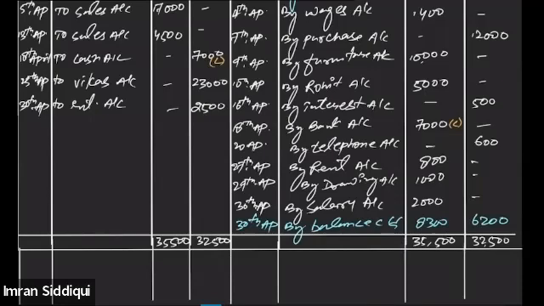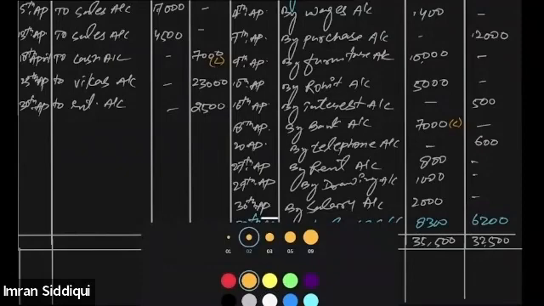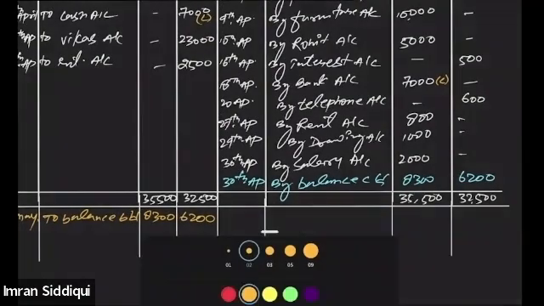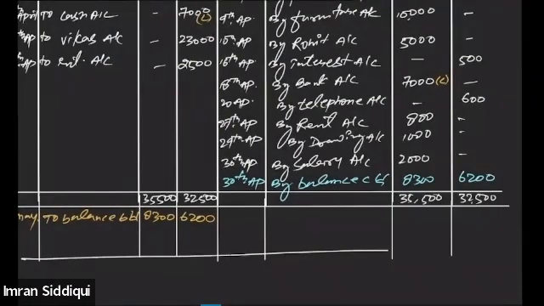It is not compulsory, but it is always preferred. So on 1st of May, the opening balance, balance B/D, will be there in the cash column. It will be 8,300, and in the bank column it will be positive 6,200, not overdraft this time. All right, and this is how we end this question.